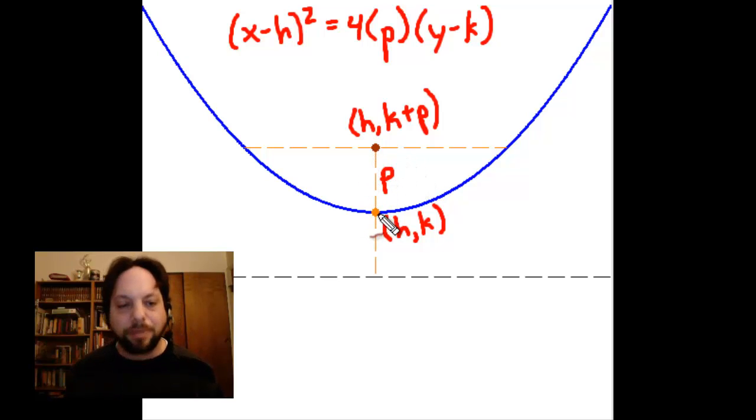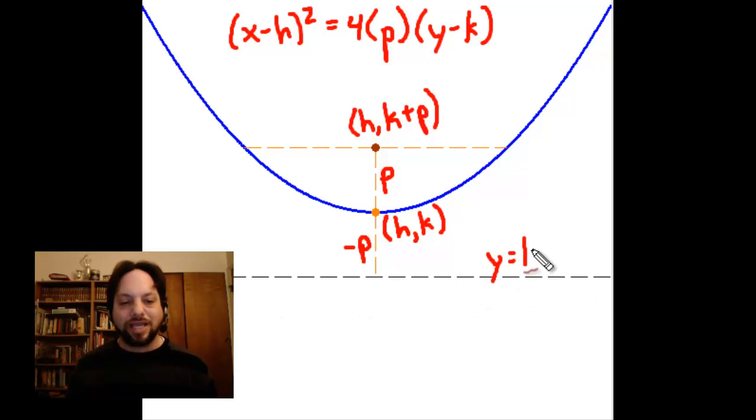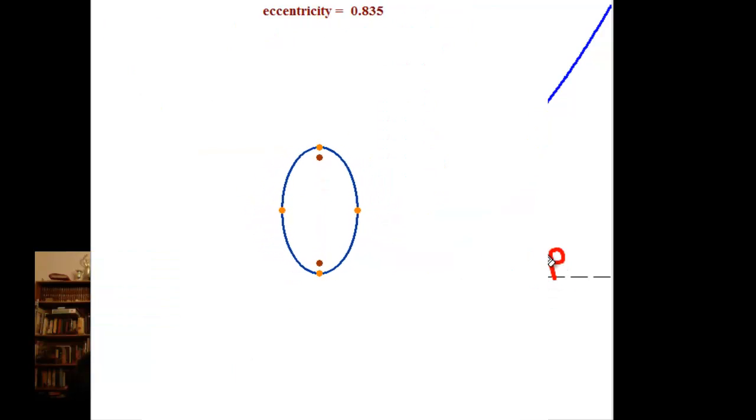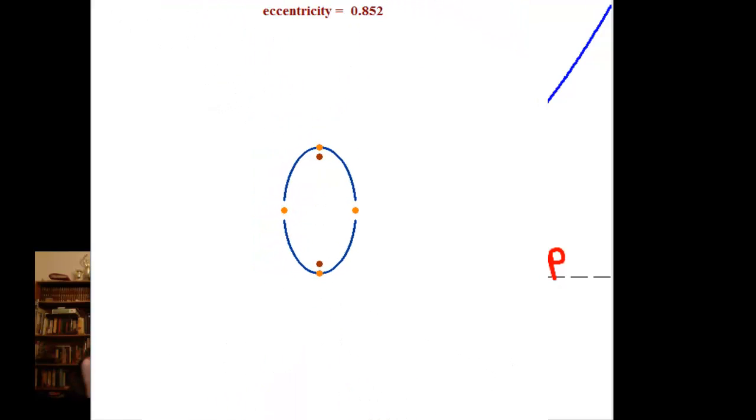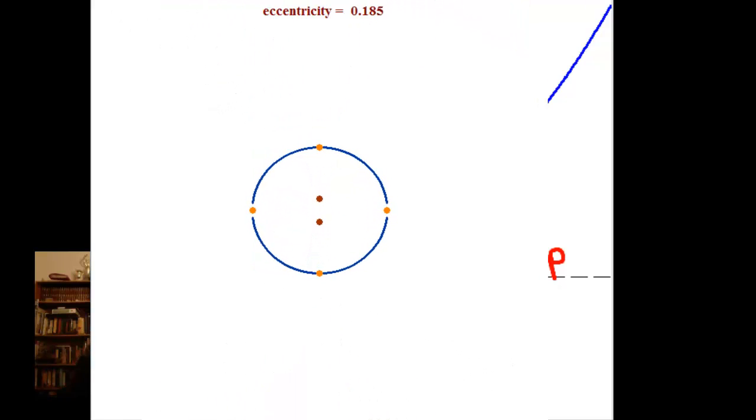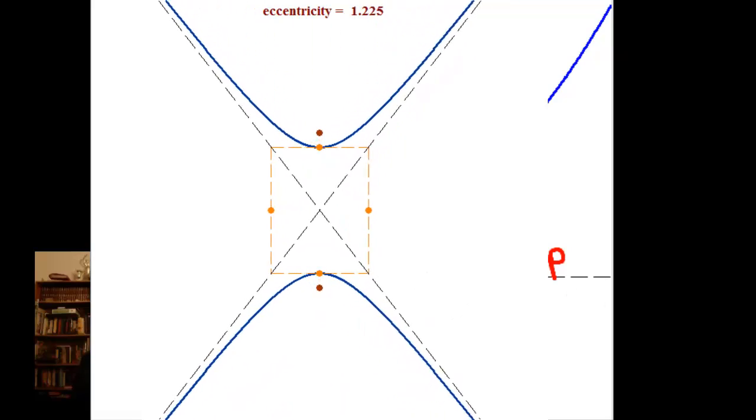When you add p, you get to the focus. Now what if you were to subtract p? If we were going to go down, that would bring us to our directrix, which is this black dashed line. That's going to have the equation y equals k minus p. It will always be y equals k minus p for our directrix, just like it will always be (h, k plus p) for our focus.